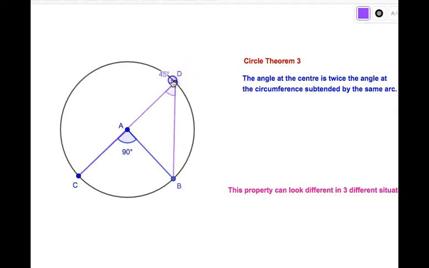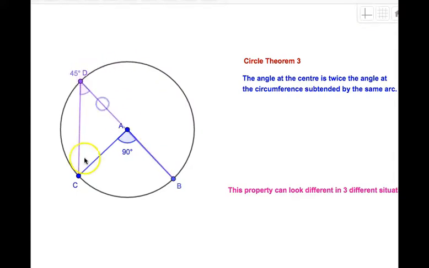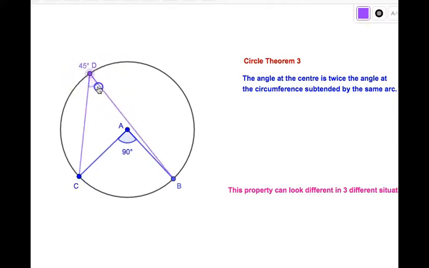You see that? But when I draw that over there, or if I put DB on top of the other one, you can see that they're still subtended by the same arc, but I'm just drawing one of the arms of the angles on top of the other arm.